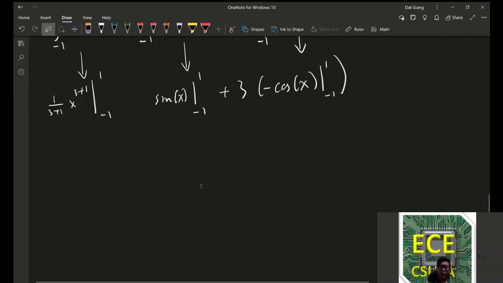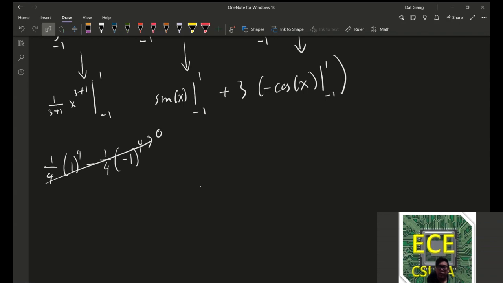Okay, so from here, this right here, we have 1/4, 1 to the 4, minus 1/4, -1 to the 4. This will cancel out. Over here, we have sine of 1 minus sine of -1, assuming this is radians, plus 3 negative cosine of 1 minus cosine of -1.